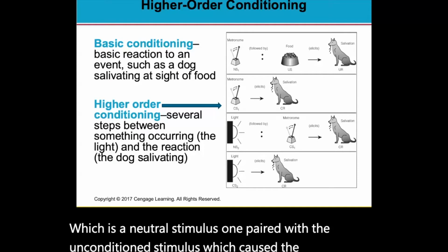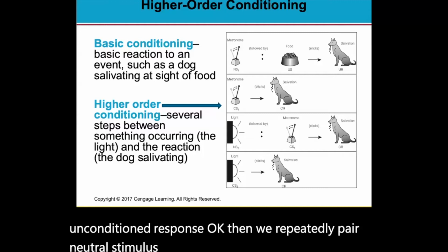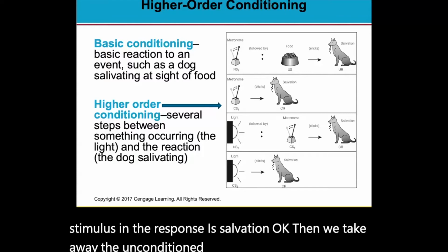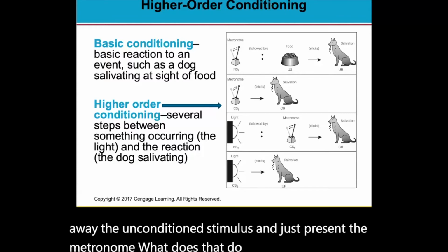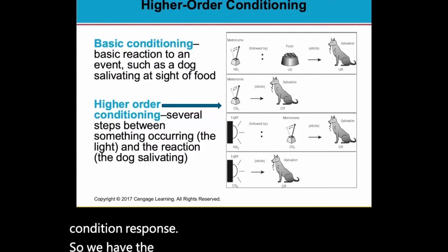Then we repeatedly pair neutral stimulus one with the food, the unconditioned stimulus, and the response is salivation. Then we take away the unconditioned stimulus and just present the metronome. What does that do? Because it was paired with the unconditioned stimulus, it now causes a conditioned response. So we have the metronome, and now the dog salivates.